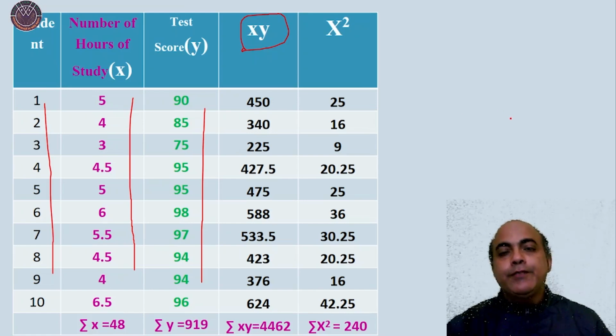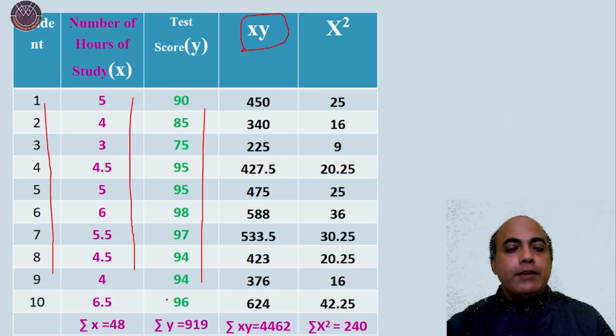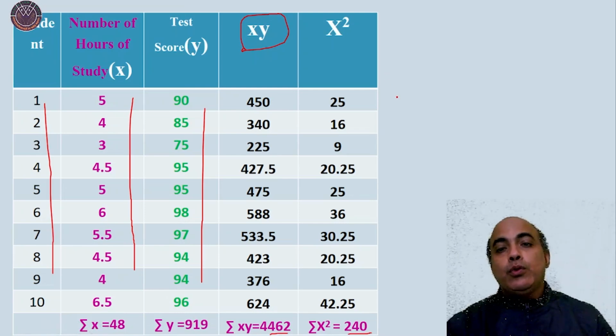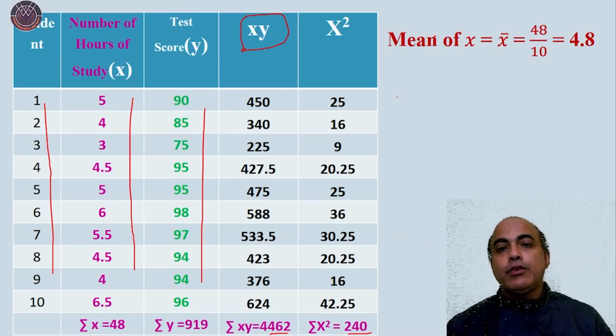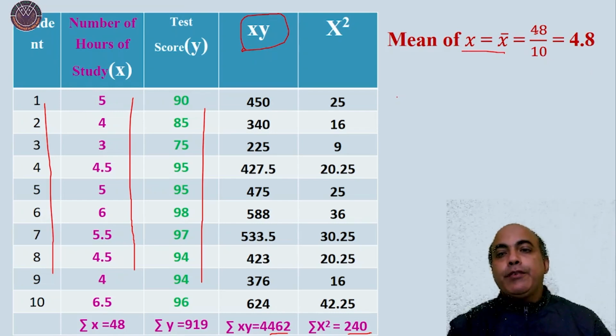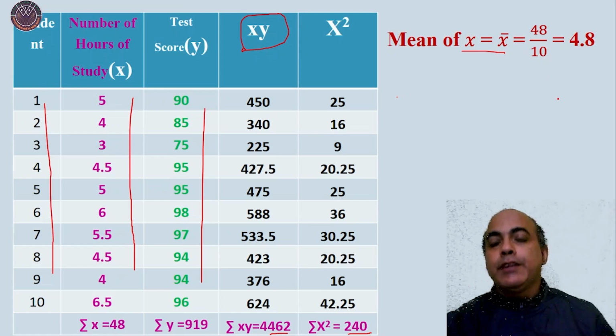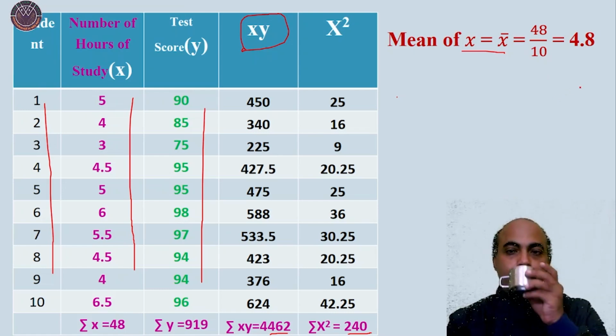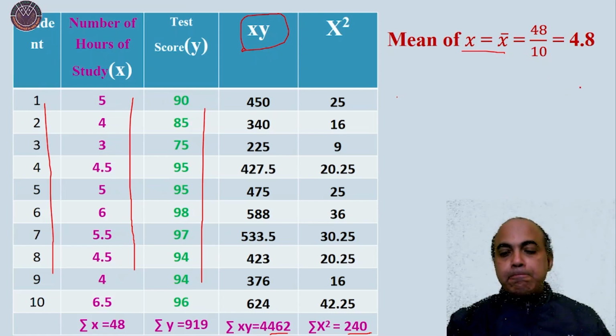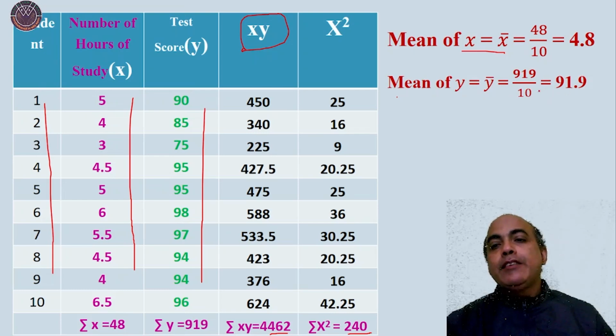We got the summation of x as 48 and the summation of y as 919. Once we have this, we will see further. The mean of x is 48 divided by 10 students, which gives 4.8. The mean of y is 919 divided by 10, which is 91.9.